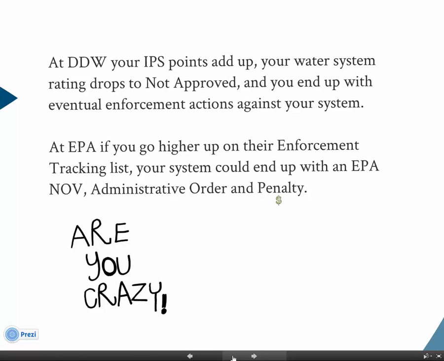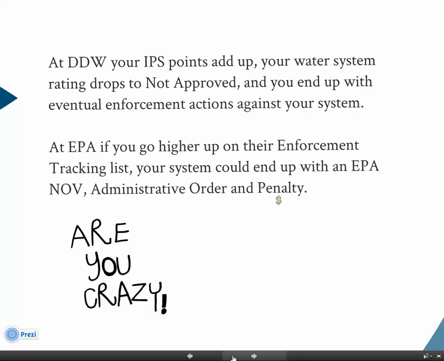And then we also report these violations to EPA, and they have their own enforcement tracking list where they have a point system. If the points get to a certain level for certain violations, then they start looking at possible enforcement if they're not happy with our level of enforcement.